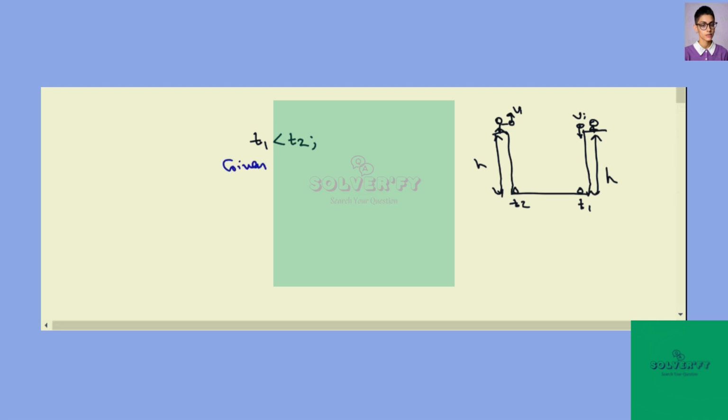Given vi is the velocity, h is the height, g is the acceleration due to gravity, and t is the time. We write the equation of motion.